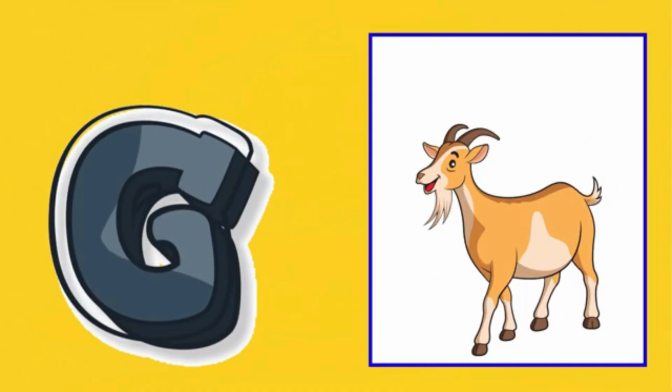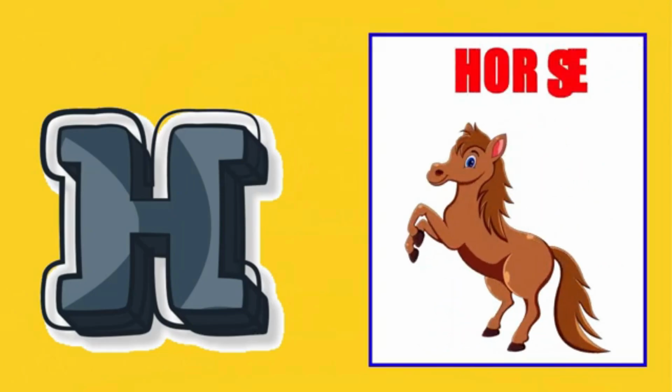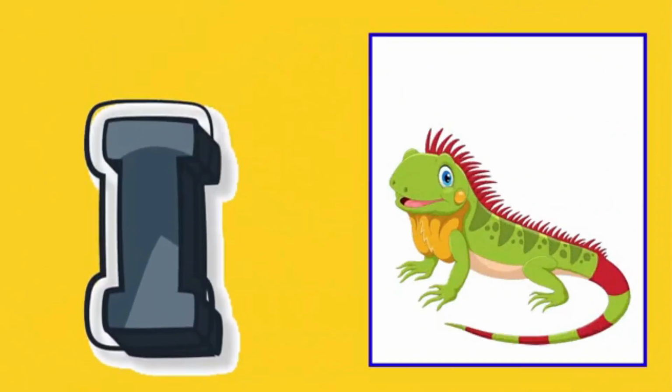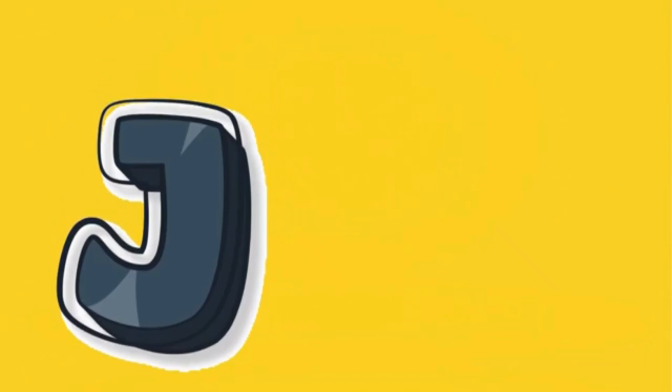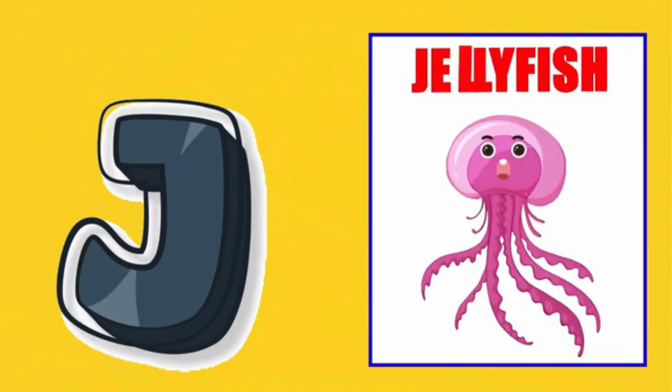G. G for goat. H. H for horse. I. I for iguana. J. J for jellyfish.